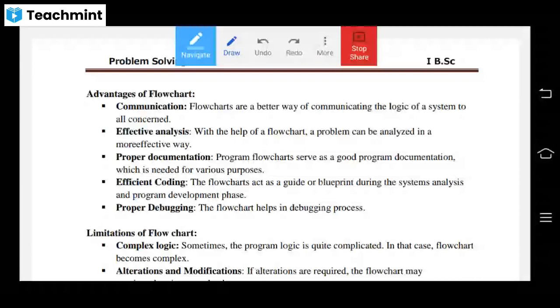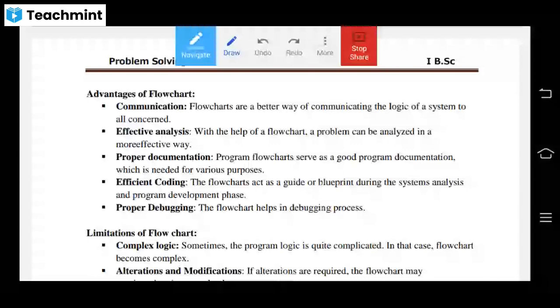Also proper documentation, efficient coding, and proper debugging. These are the advantages of the flow chart: communication, effective analysis, proper documentation, efficient coding, and proper debugging.